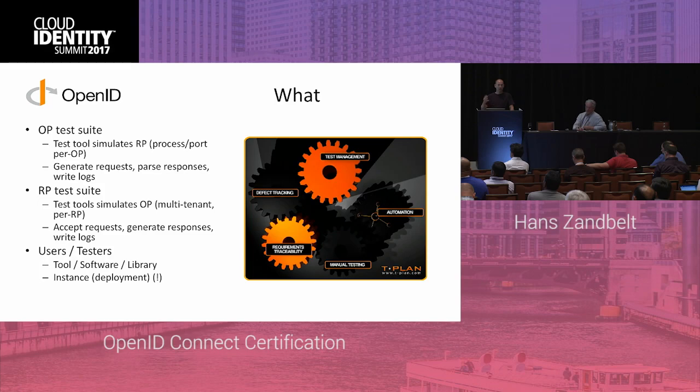You don't want it to do everything that the library or the tool can do. You want to lock it down in a certain way or deploy it in a certain way with certain key materials. So it's sort of a deployment profile that you're going to create, and you can actually use that instance to test against the OpenID Connect test suite again, right? So that's useful for both developers as well as, I would say, customers of that library or tool.